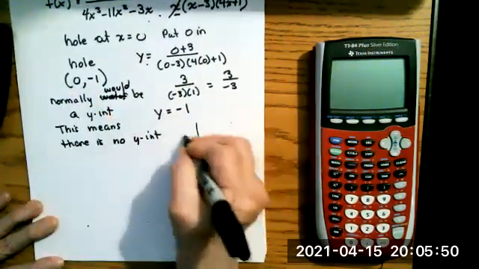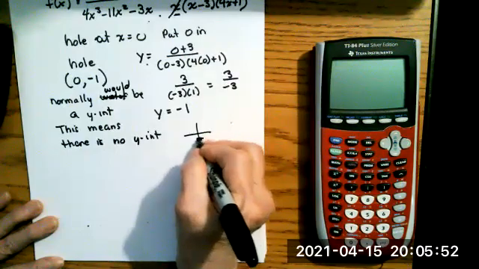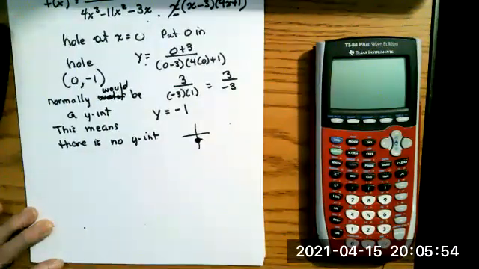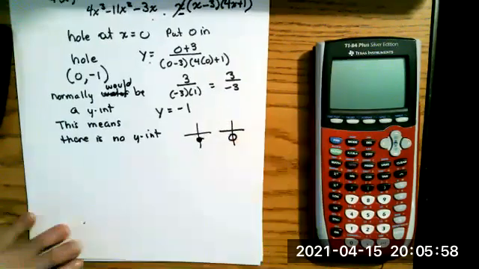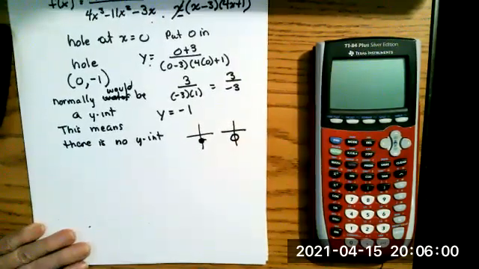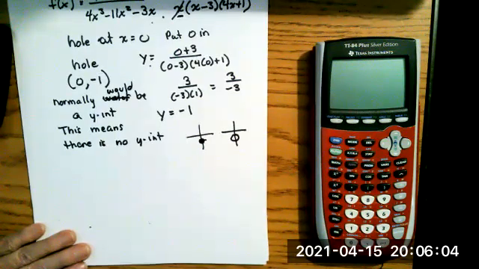See, 0, -1 would be down here. And normally that would be a y-intercept. But now that thing is a hole. So it's not going to have a y-intercept there. So when we come to y-intercept, there's not going to be one.